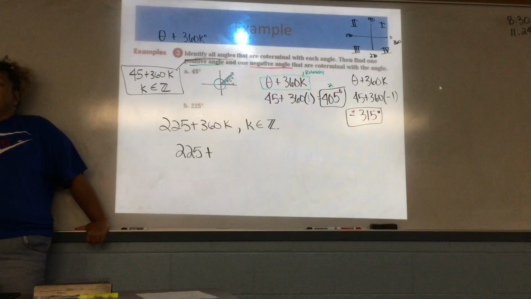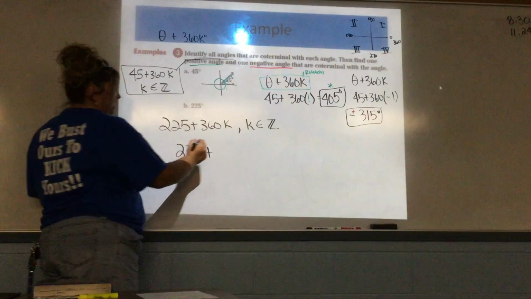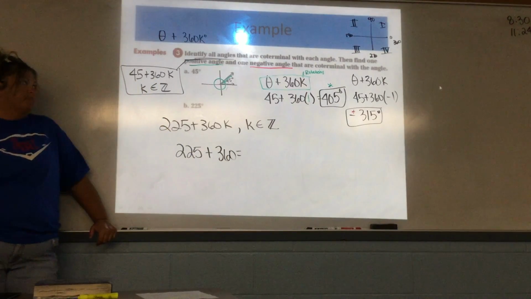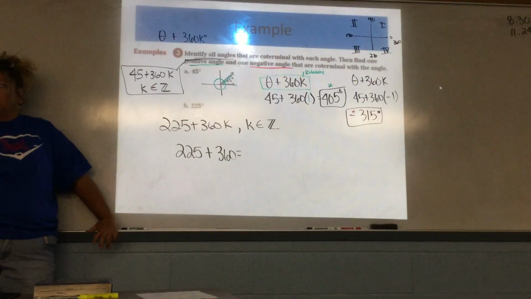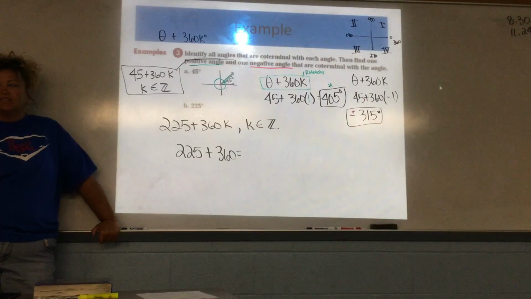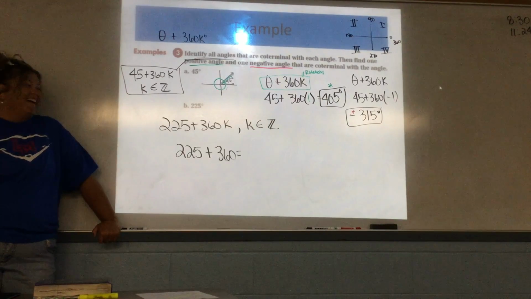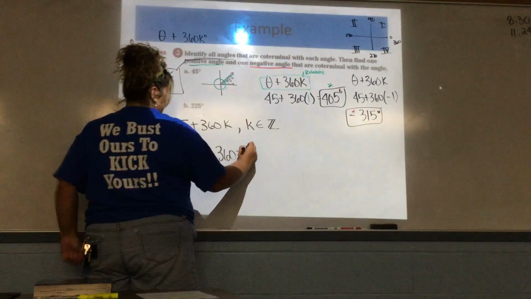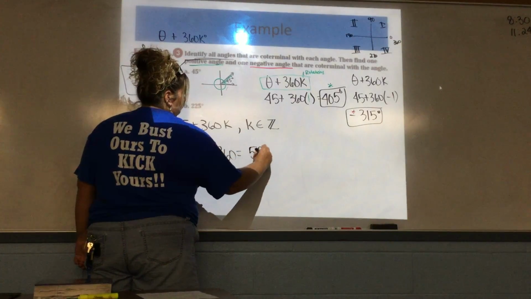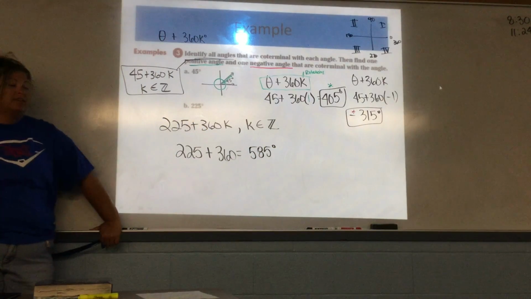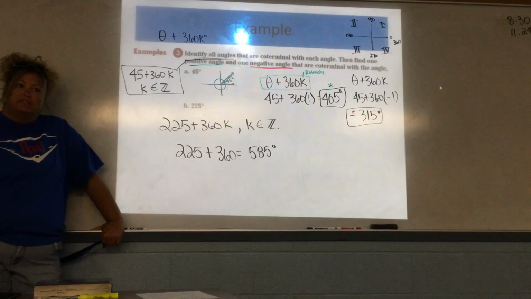Multiply by a positive 1, which is the same thing as adding 360. So 360 plus 225 is 585.